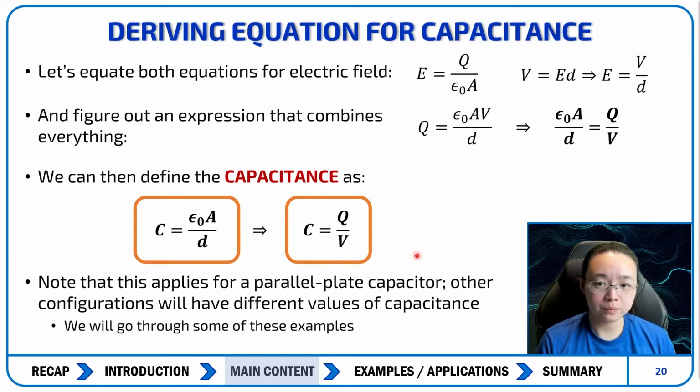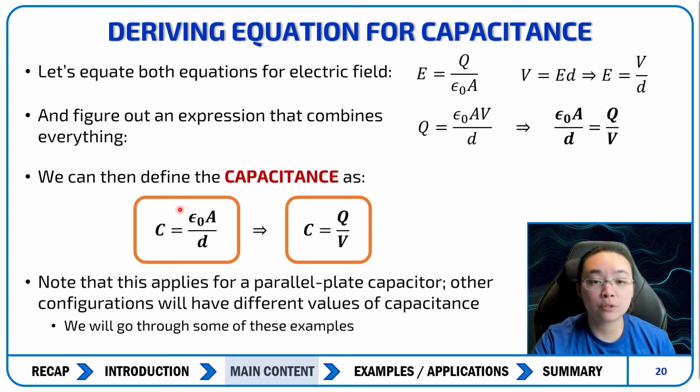But we did want to try and come up with a term for capacitance. So we define capacitance as some charge over some potential. And that gives us epsilon naught A over D, and it leads us to the equation for capacitance that we're all familiar with, which is epsilon naught A over D.